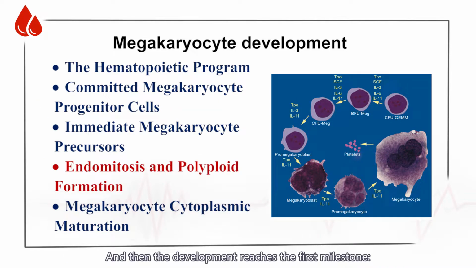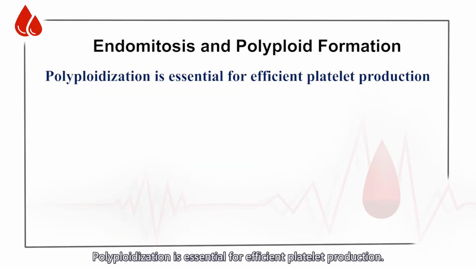And then the development reaches the first milestone, endomitosis. It becomes polyploid through repeated cycles of DNA replication without cell division. Polyploidization is essential for efficient platelet production.